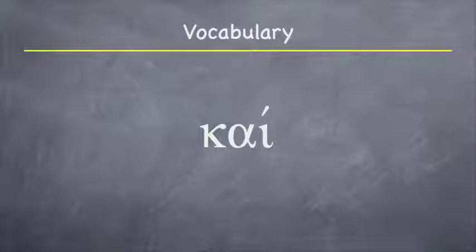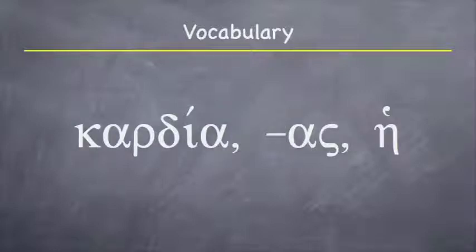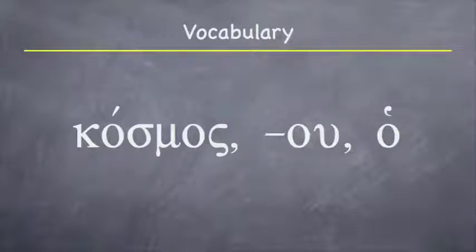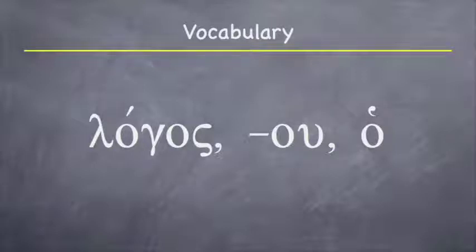Kai. Kai means and, even, also, namely. Cardia. Cardia means heart, inner self. Cosmos. Cosmos means world, universe, humankind. Logos.